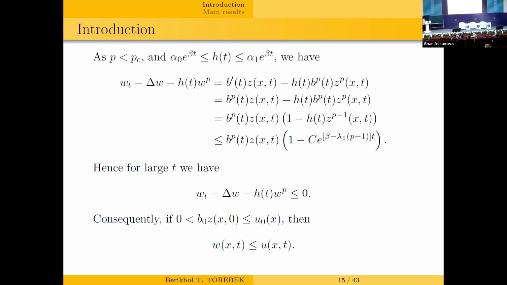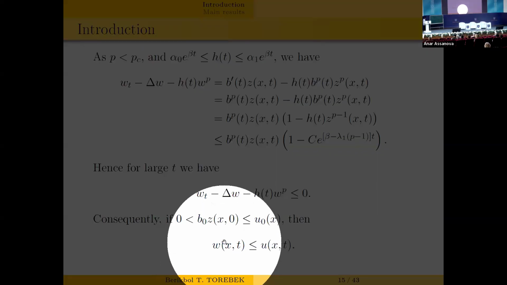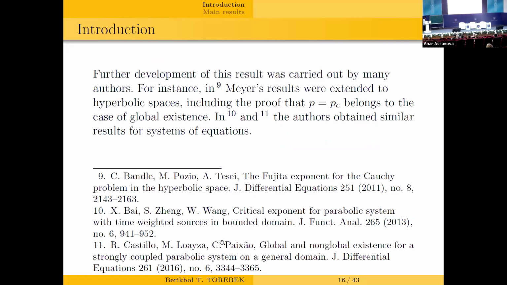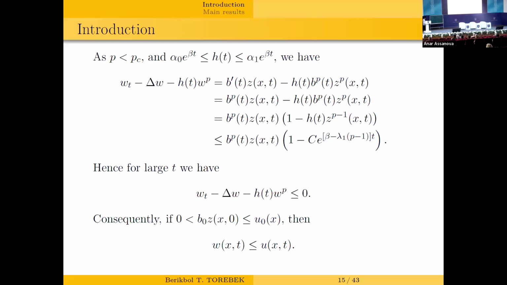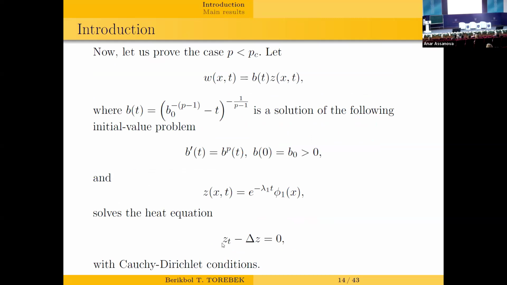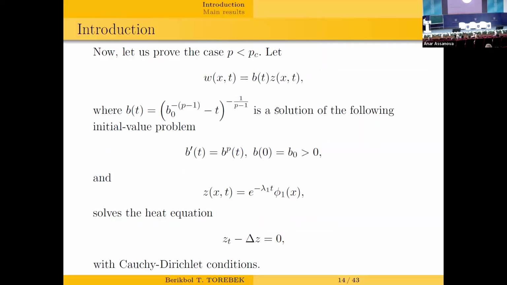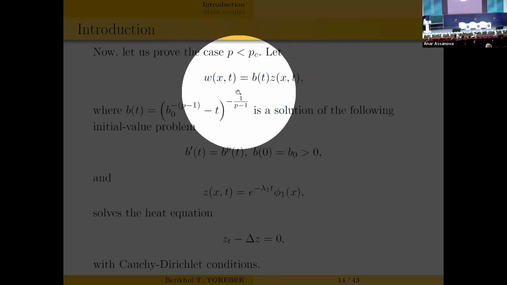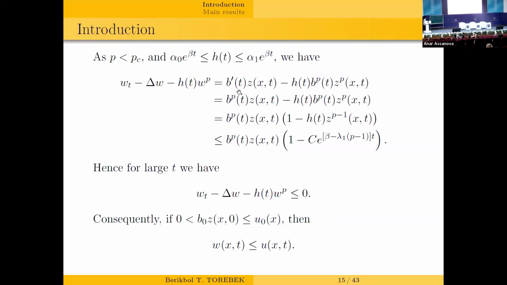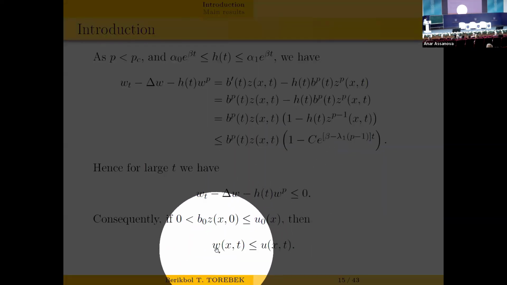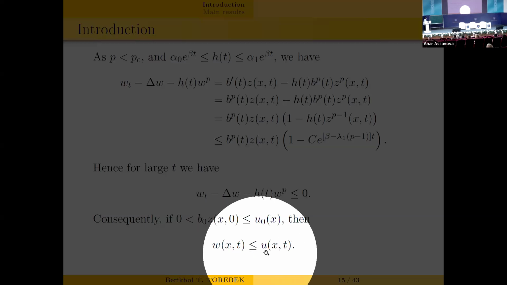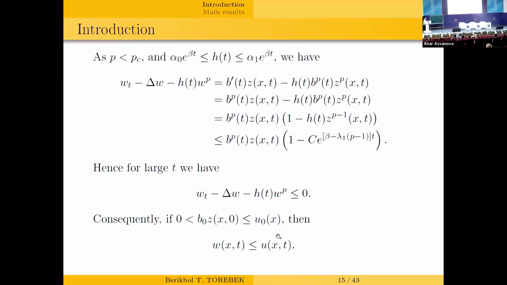Then, using the comparison principle, let us recall here, if t goes to some point, then there is finite time blow-up. It means that the function W blows up at finite time. Then this function also blows up at finite time, and it means that this one also blows up in a finite time. This proves the second part of our theorem.